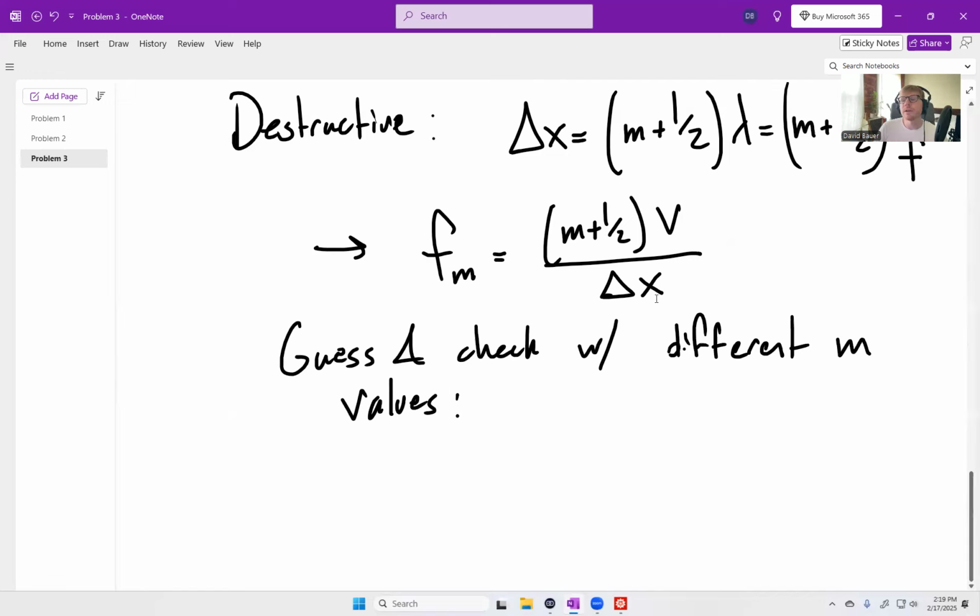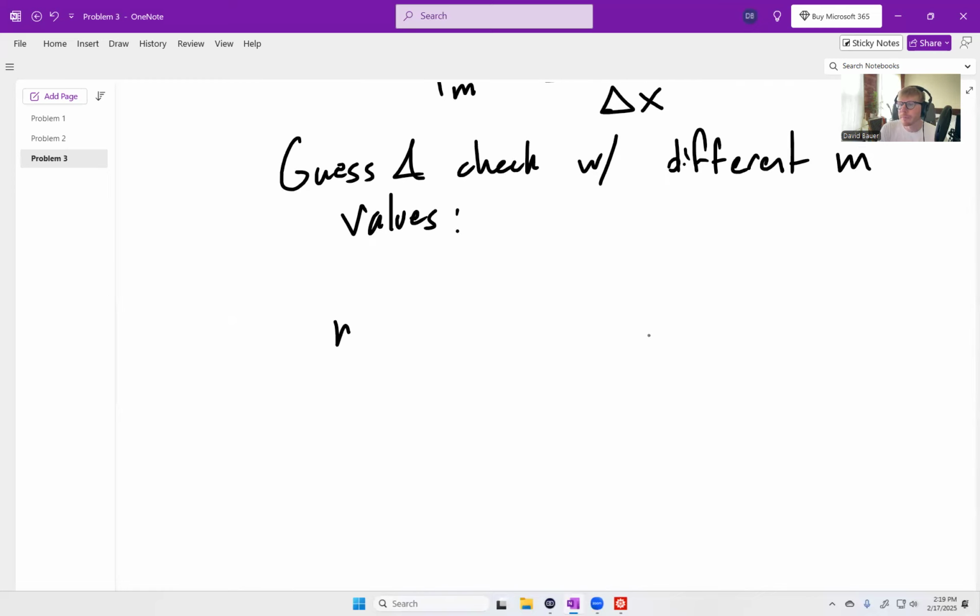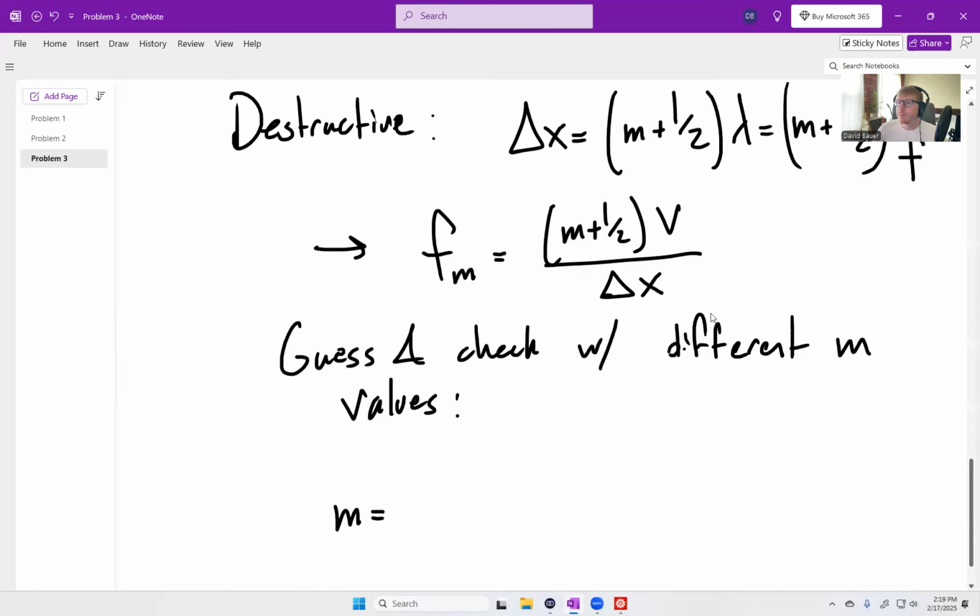Okay, so we're going to start with m equal to 0. Now, I think the easiest way to do this is to calculate the numerical value of v over delta x.